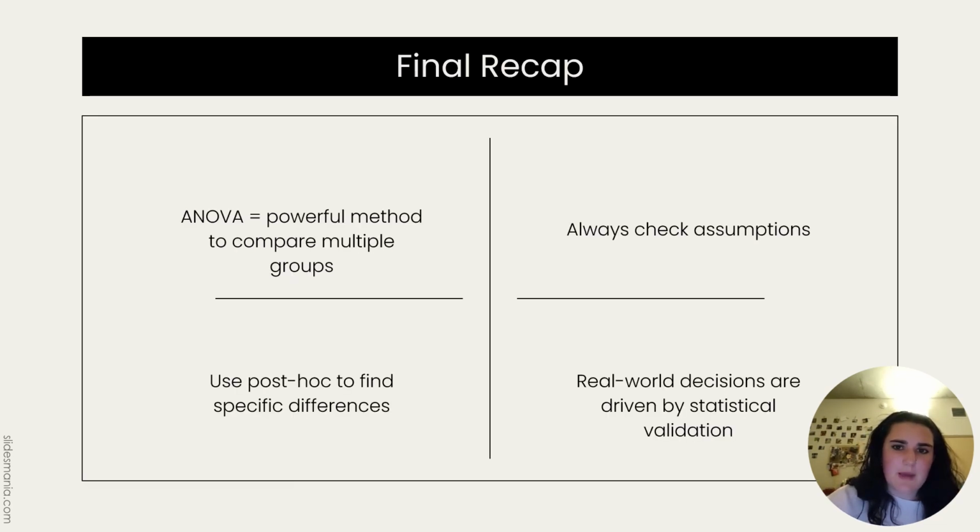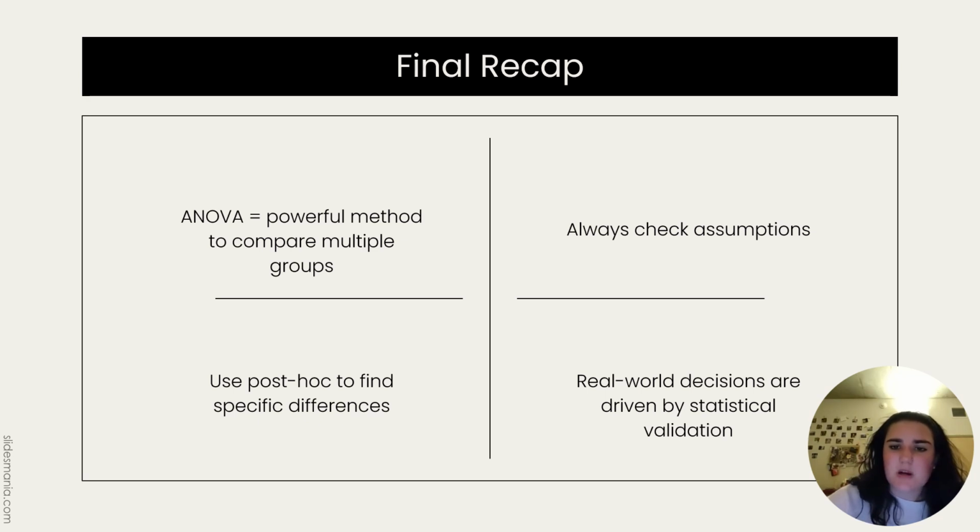So let's recap everything we learned today. ANOVA helps us compare means across three or more groups. Multiple t-tests aren't safe. They inflate Type I error, or false positives. And before trusting ANOVA, check normality and equal variances. Remember to use SPSS to run the ANOVA carefully.